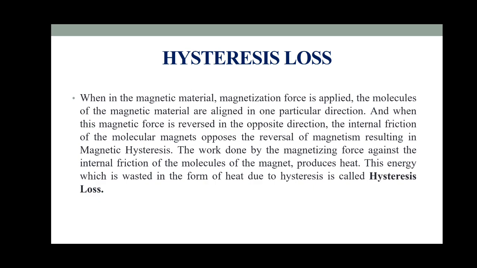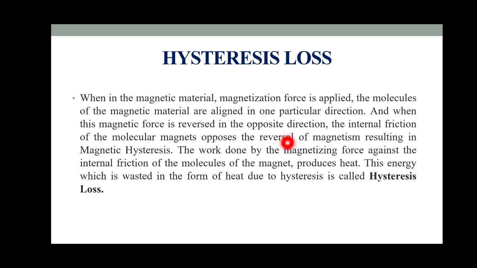Next, we'll discuss hysteresis loss. When the magnetic material is subjected to a magnetization force, the molecules of the magnetic material will be aligned in one particular direction, that means the direction of the force, and when the magnetic force is reversed in the opposite direction, what will happen then?